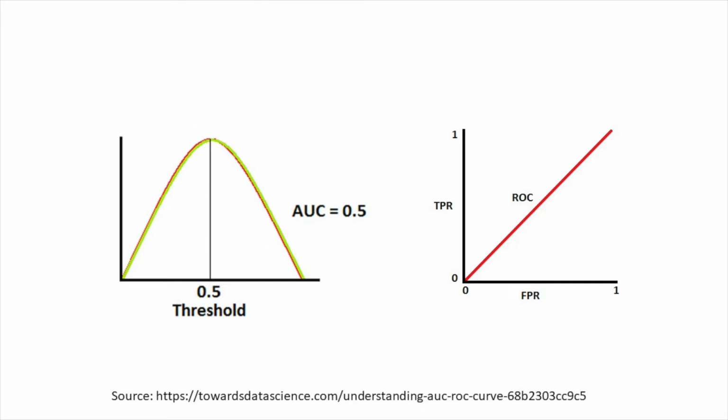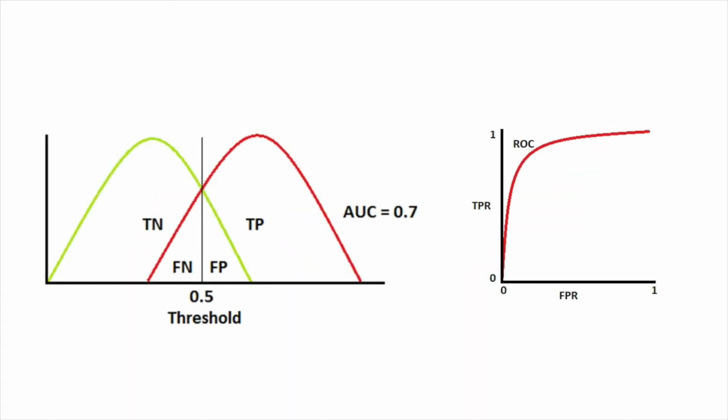The next example here is a model with an AUC of 0.7. Now you can see the distribution of the probabilities of these two groups of patients does start to separate, but there's a middle overlap where there's some misclassification. That misclassification leads to a lower AUC, but you can see there's an improvement in this model being able to separate these two groups of patients based on their predicted probabilities, and that's shown on the right on the curve.